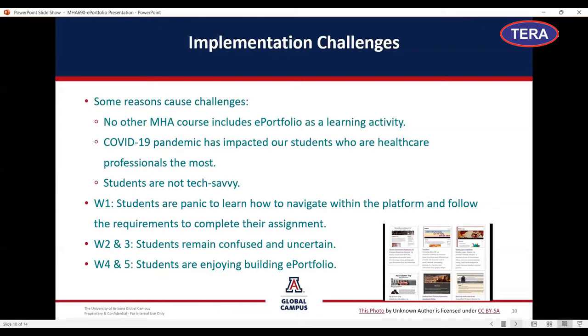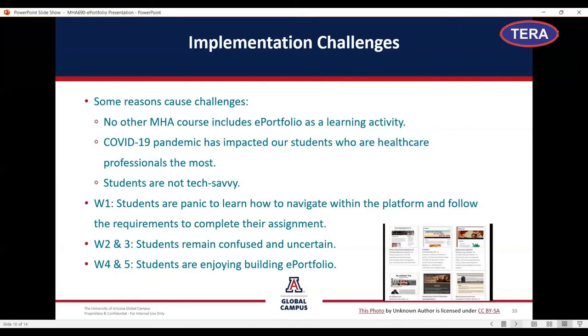Since the beginning of the COVID-19 pandemic, they have dealt with more challenges than other professionals, which also impacts their ability to learn new things. Along the line, some students might lose their family members to COVID-19, which is an important distracting factor as well.